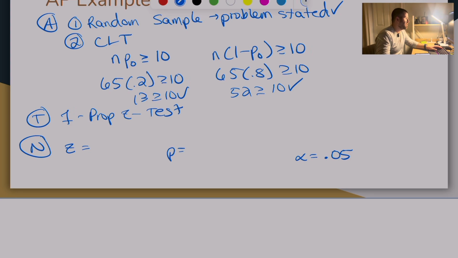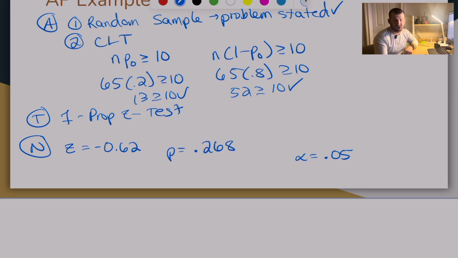I have to get 11 out of 65 as a decimal, which is a very long number, and my sample size here was 65. Now I can calculate this. Here is what I get in this particular case: a test statistic of negative 0.62 and a p-value of 0.268.